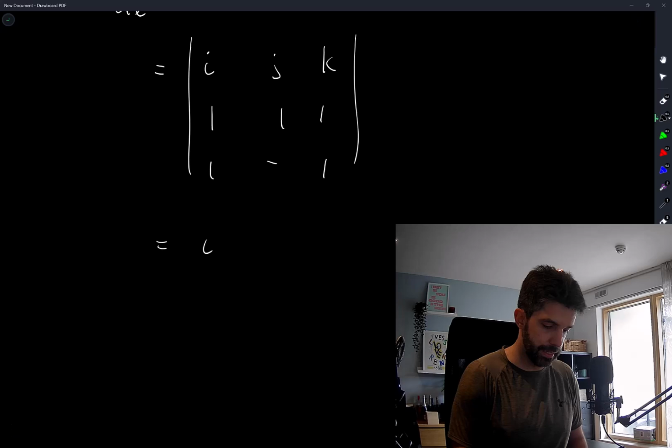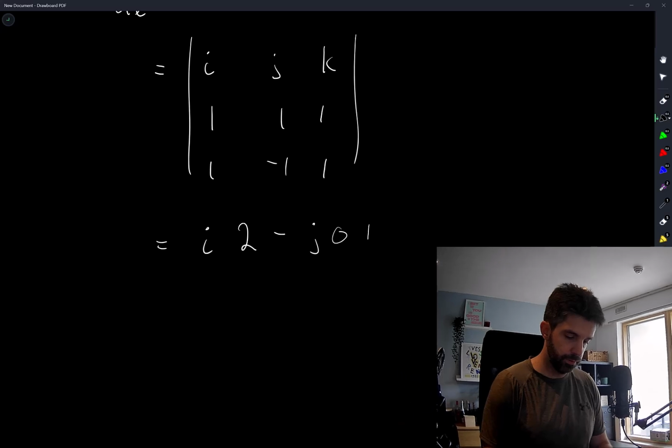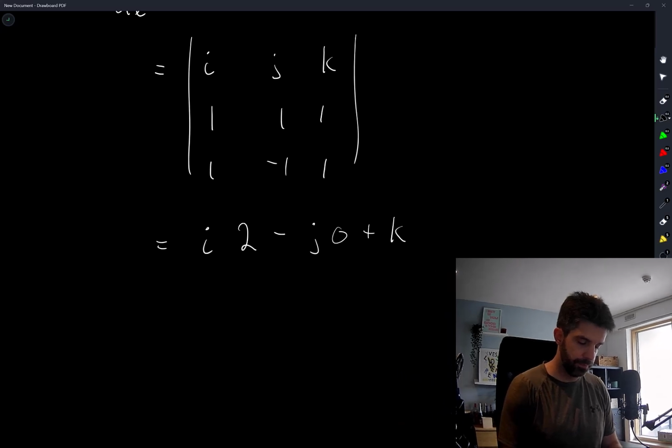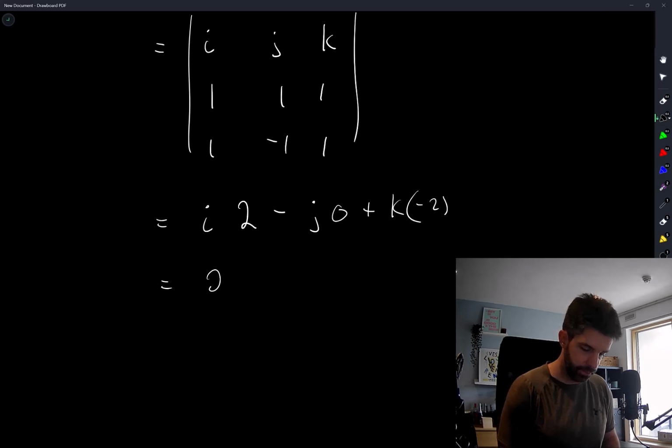So this is i times 2, minus j times 0, plus k times negative 2. So this direction vector is (2, 0, negative 2).